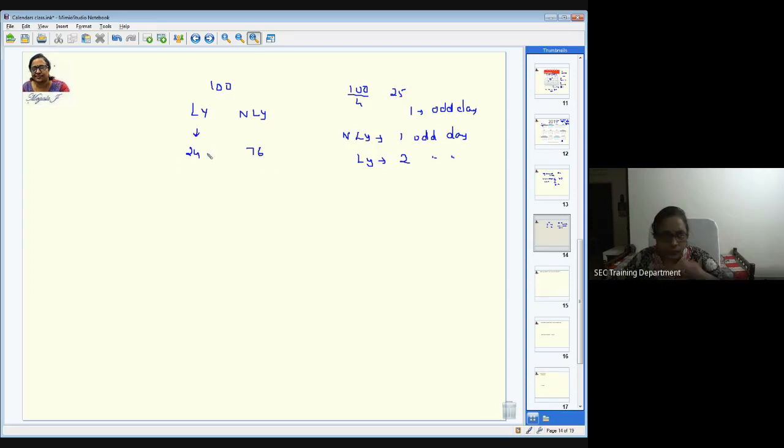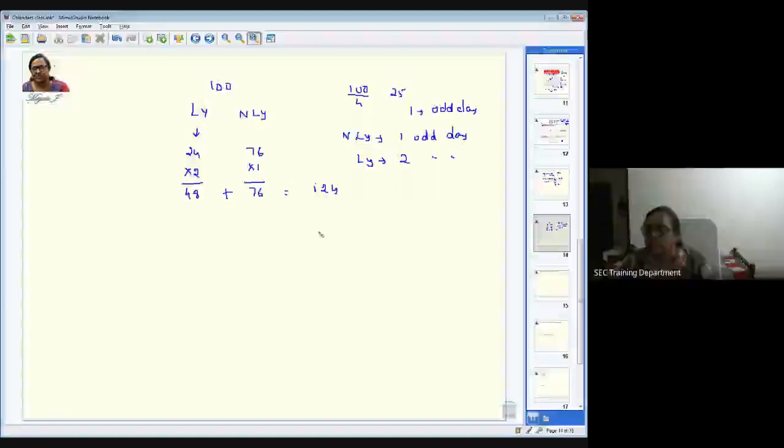So what you have to do is find out how many odd days there are in 100 years. Each leap year has 2 odd days, so totally there are going to be 48 odd days. Similarly, each non-leap year has 1 odd day, so totally there are going to be 76 odd days. When you add these two, it is 124, not 125, because you have 48 here and 76 here.